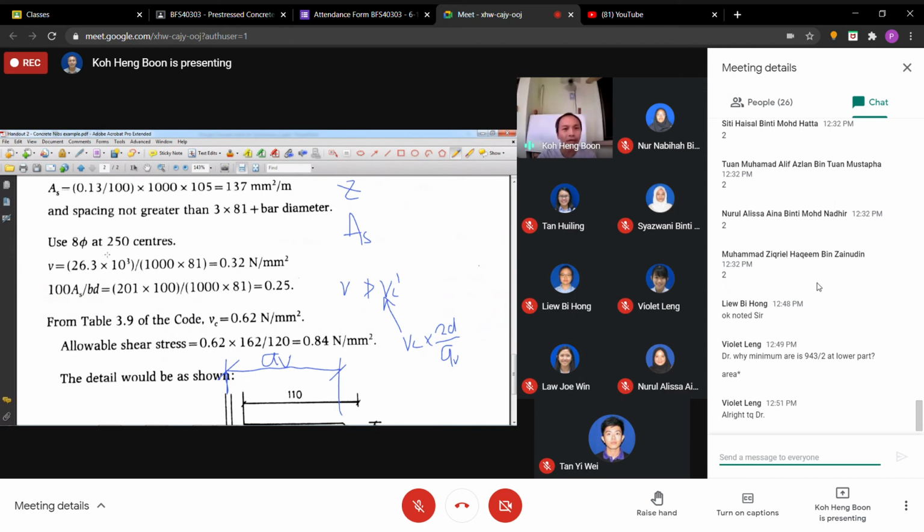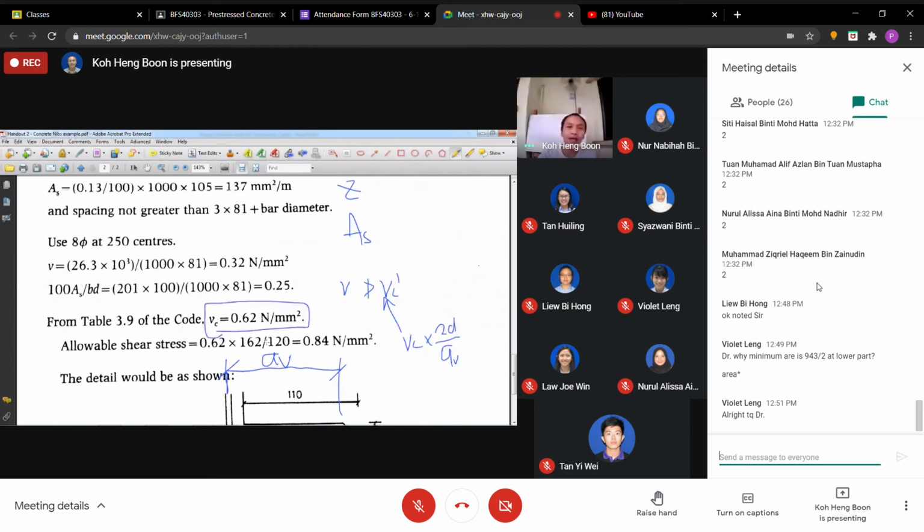So how to get the VC? V, no problem, is V divided by BD. Then the VC is from the equation. Still remember the long VC equation? Because you have a table, once you get 100 AS over BD in the British Standard, you can directly get VC, or you just use the long equation.